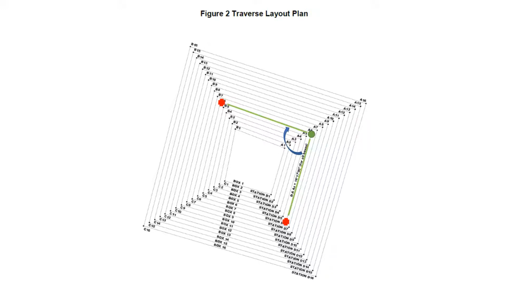Finally, we'll repeat that process 2 more times. We'll move our total station over to station B and sight prisms on A and C, and then move our total station to station C and sight prisms on B and A. At the end, we'll have measured the distance between each of the stations twice, and we'll have measured the interior angle at each of the stations.